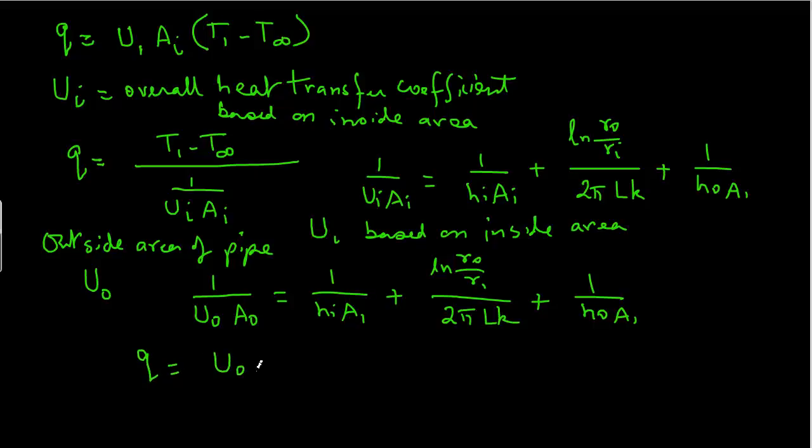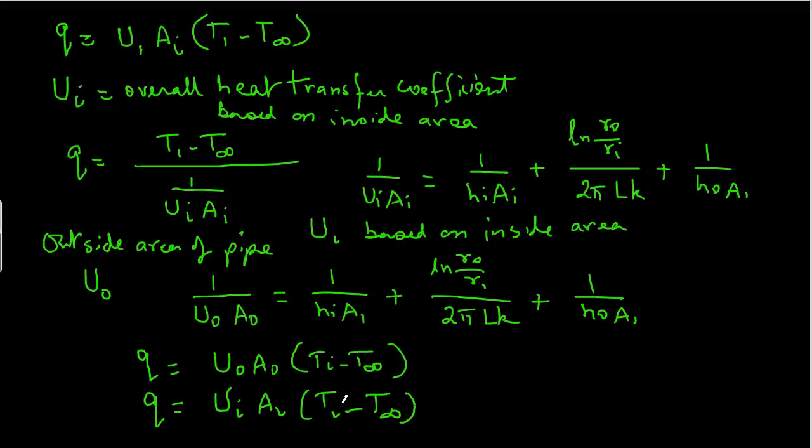So the overall expression then will be, if you're using Uo, Q will be equal to UoAo times Ti minus T infinity. Either of these two equations will give you the same value of Q. This you can see in a couple of solved examples in the textbook.